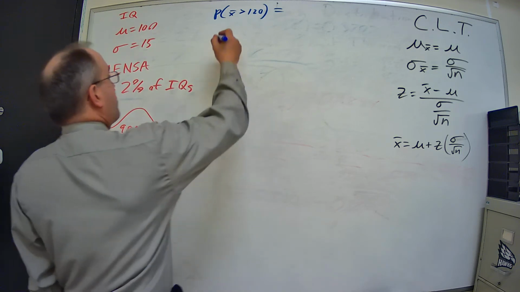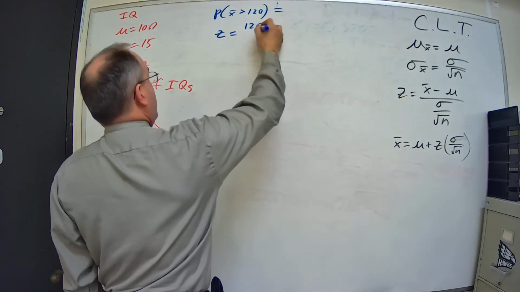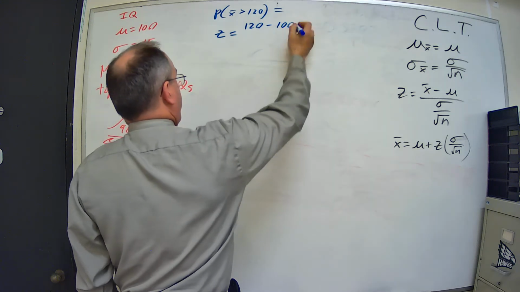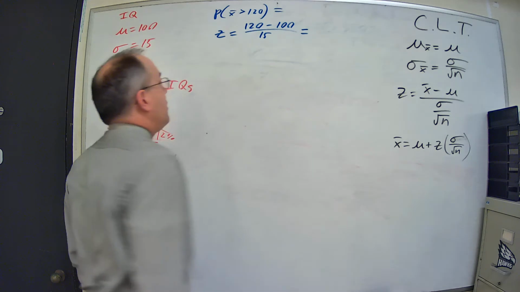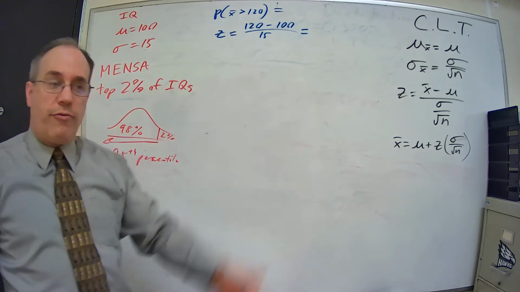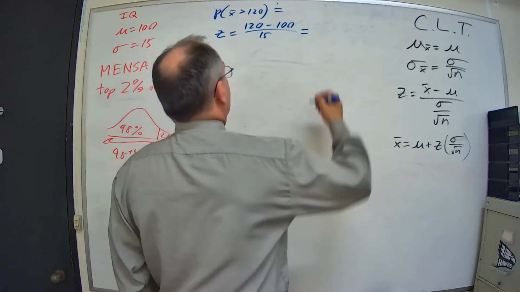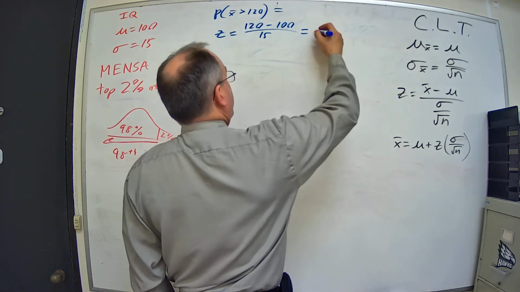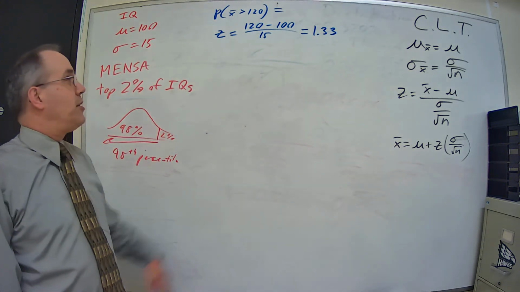Well, we're going to find our z-score is equal to x, 120, minus mu, 100, over sigma, 15, which gives you 20 over 15, or 4/3. So 4/3 is 1.33. That's our z-score.